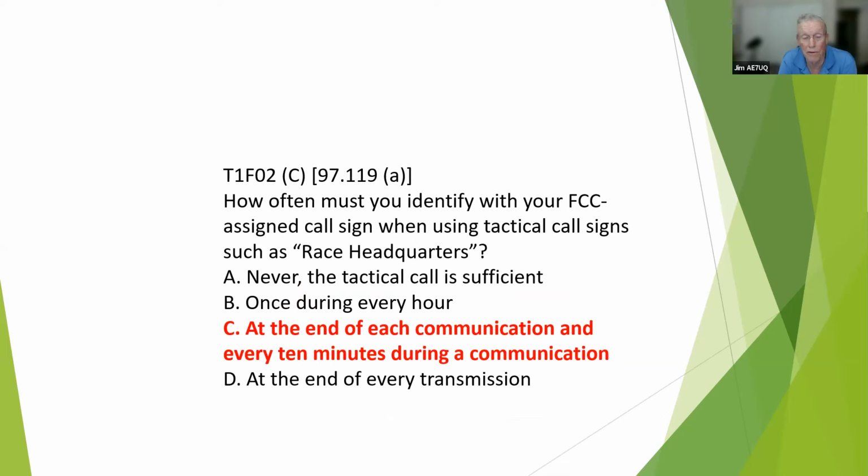They only have to identify themselves every 30 minutes. But this is something you need to keep in mind, in particular if you're in an event that uses tactical call signs, net control, race headquarters, station one, that sort of thing. You need to remember to use your own call sign at the end of each communication and every 10 minutes.